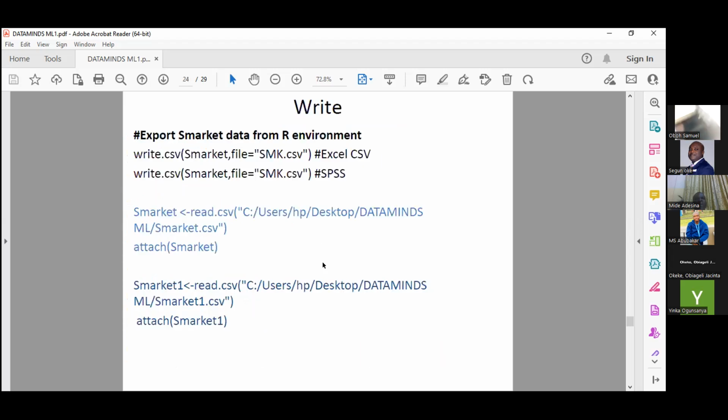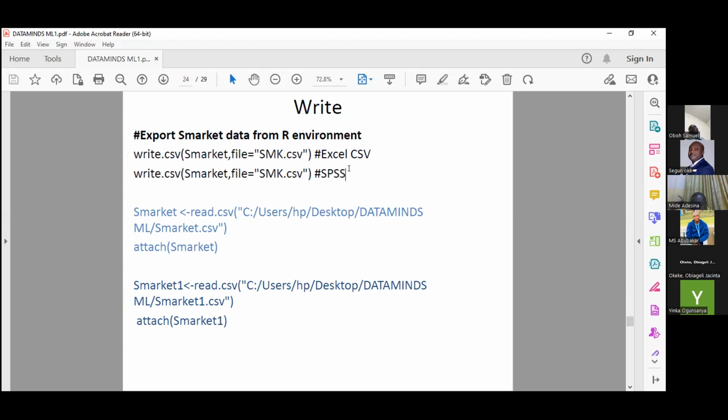Now, if you look at it critically, the data set we are given is basically from that package, ISLR. But should you be interested in this data set, you have to write it out.